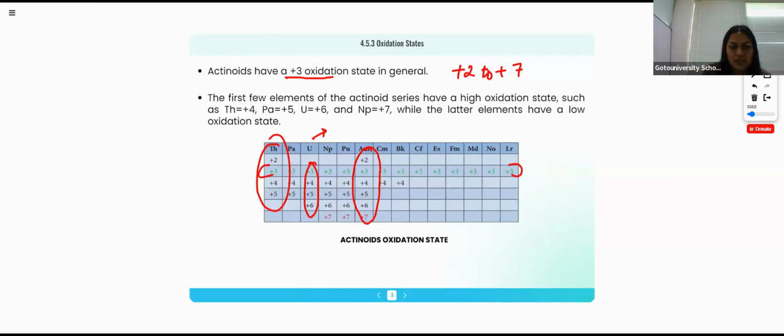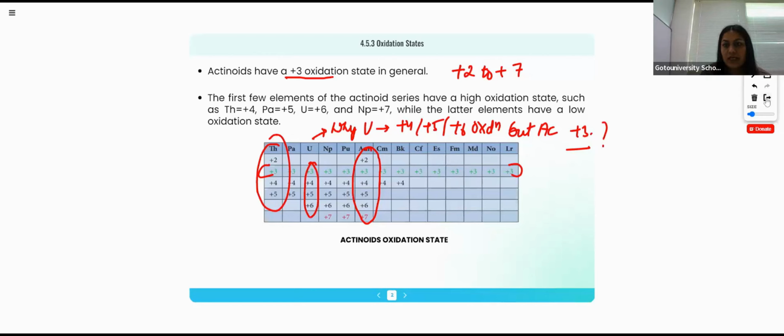If the question is asked about uranium, that why it has +4, +5, or +6 oxidation state, but actinoids have the common +3 oxidation state, the answer will be based on the reducing agent: uranium, being radioactive, acts as a reducing agent.